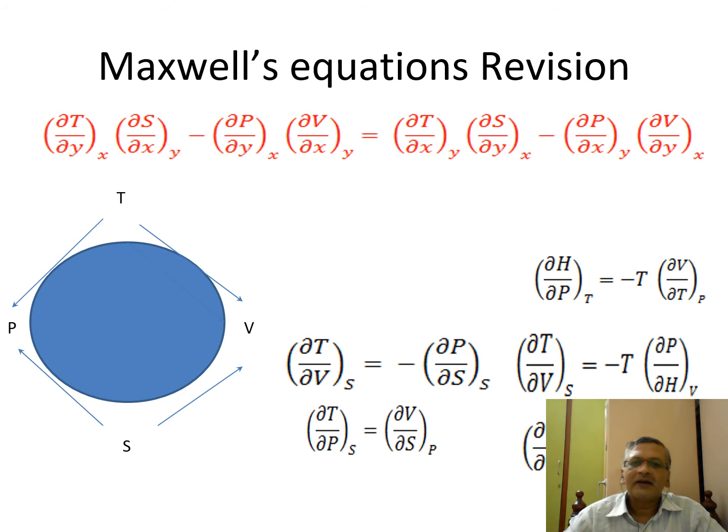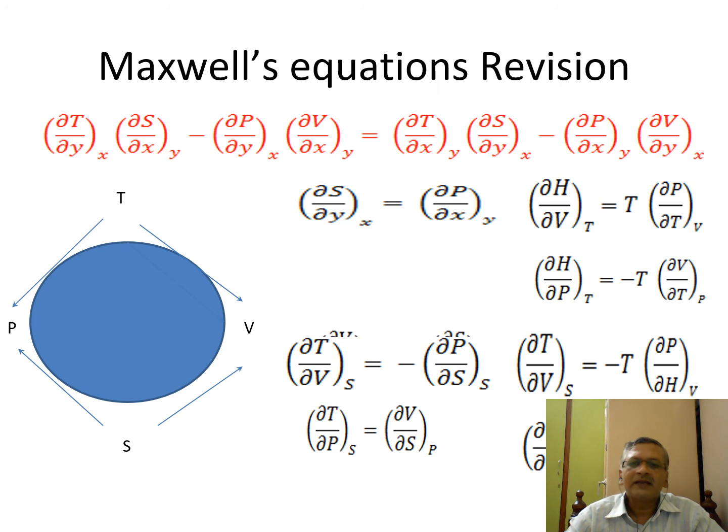And a revision here, how to write the thermodynamical equations. We know Maxwell's equations are given by the generalized equation. How to write it is like this: the parameters are P pressure, T temperature, V volume, S entropy.